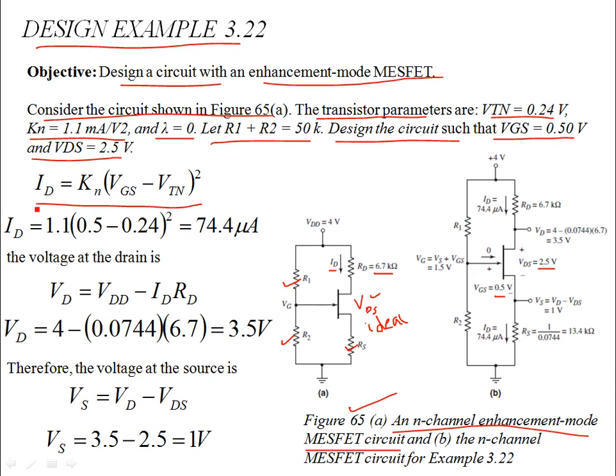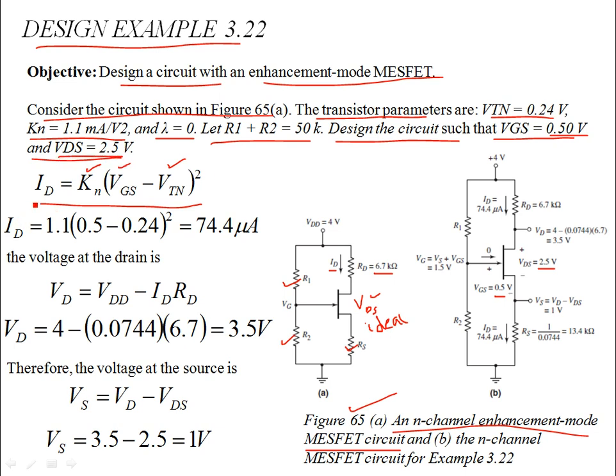Now if you assume that this transistor is in saturation, then ID is given as Kn, the conduction parameter, times VGS, the gate source voltage, minus VTN, squared. We have the information of VGS, we know what VTN is, and we know that Kn is 1.1 milliamps per volt squared. So plug those values in for Kn, for VGS at 0.5 volts and for VDS at 2.5 volts.